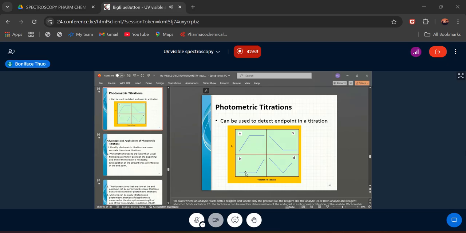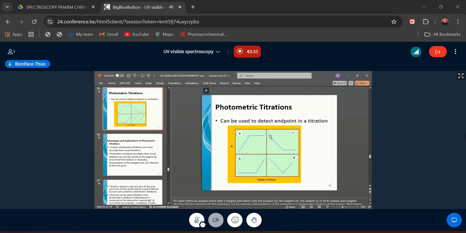In this particular case, even with addition of the titrant, absorbance does not change and then increases at the endpoint. So that means the product is not absorbing, the analyte is not absorbing, but the titrant is absorbing. And when it becomes in excess, then that's when we see the increase in absorbance. In the third case, absorbance is decreasing to a minimum value.